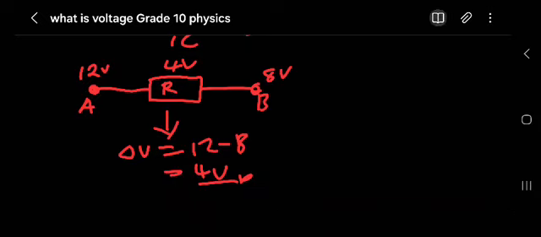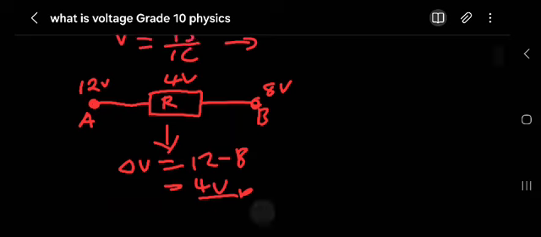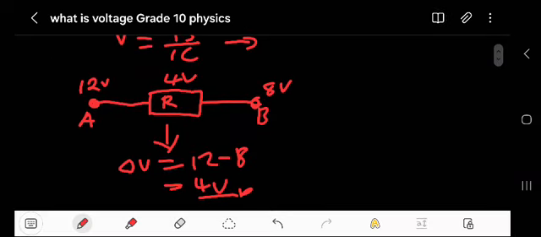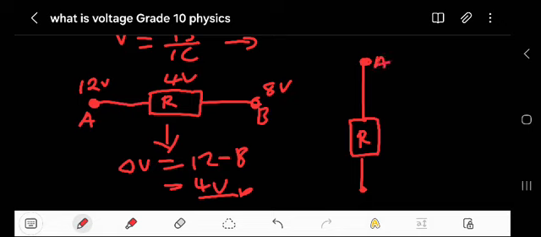So let's say now we have a resistor placed vertically. I have point A here and point B here, right?